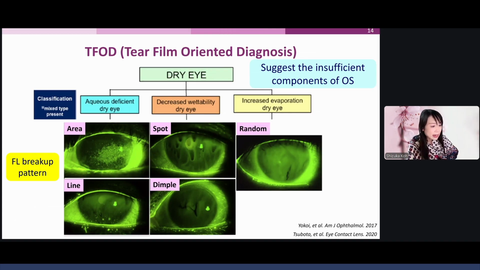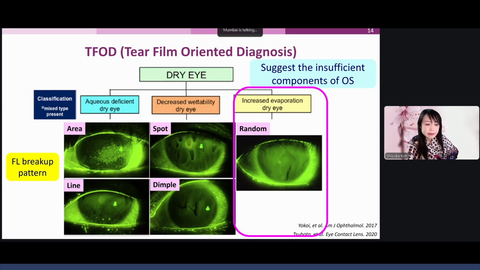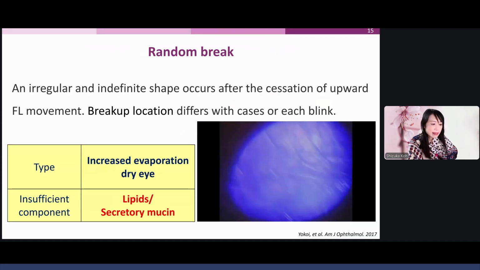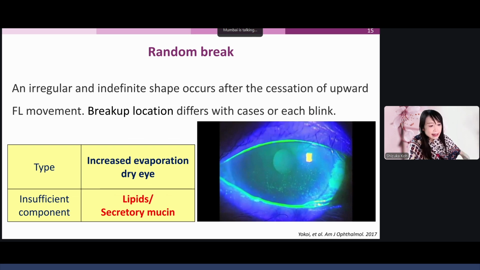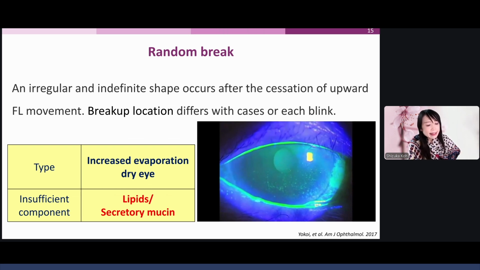Okay, finally, let's move to increased evaporation. Random break is diagnosed as an irregular and indefinite shape and occurs after the cessation of upward fluorescein movement.